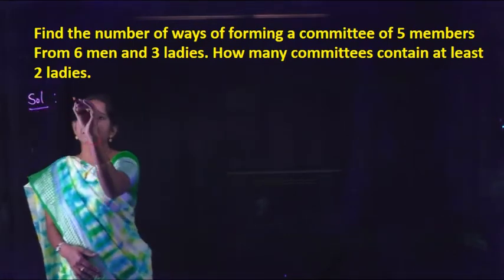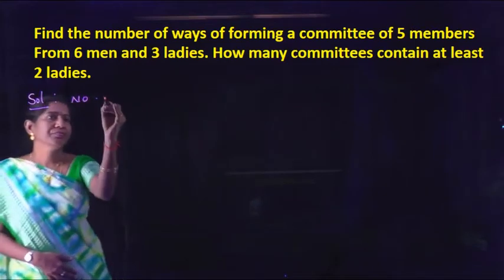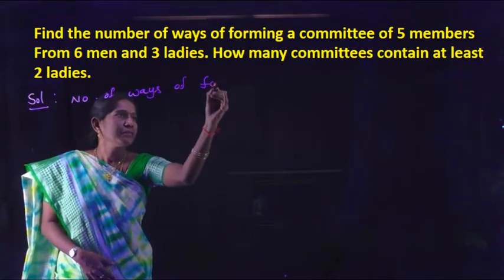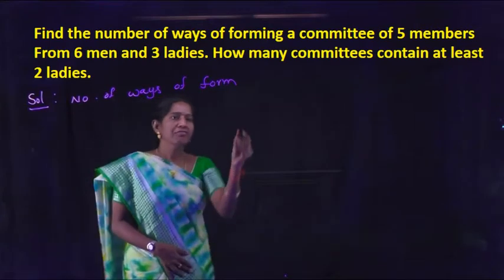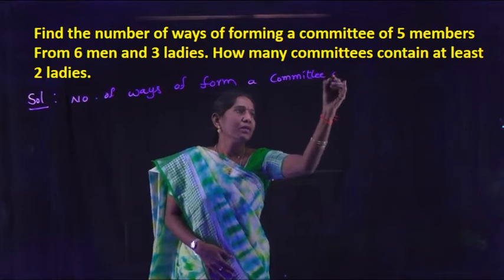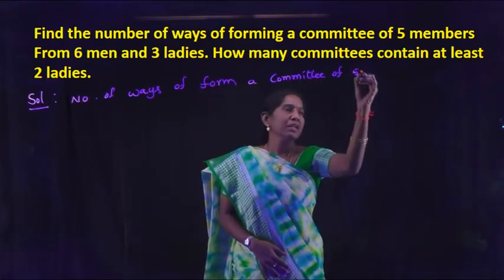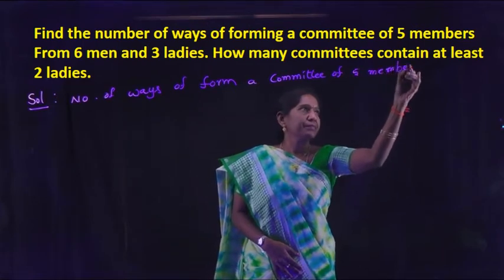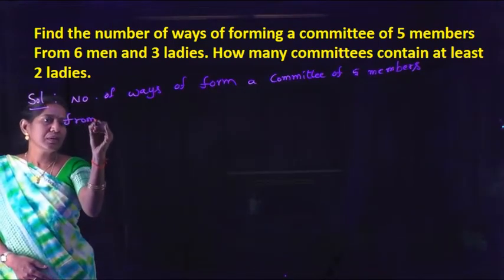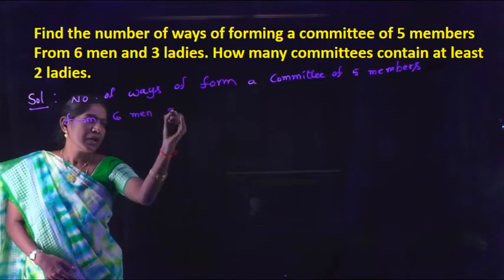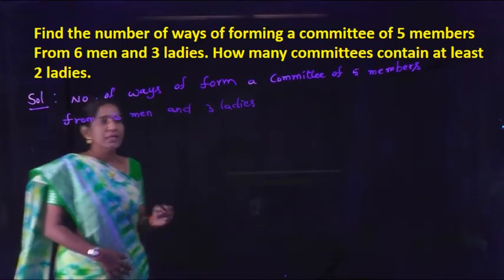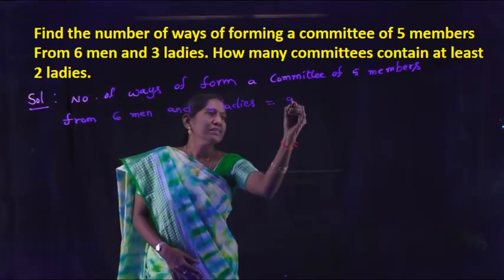Number of ways of forming a committee of 5 members from 6 men and 3 ladies, that is 9C5.